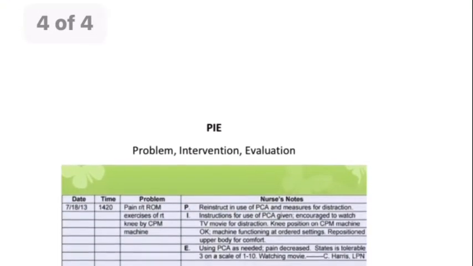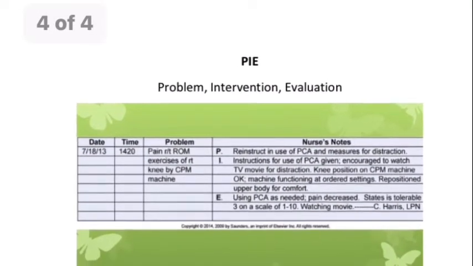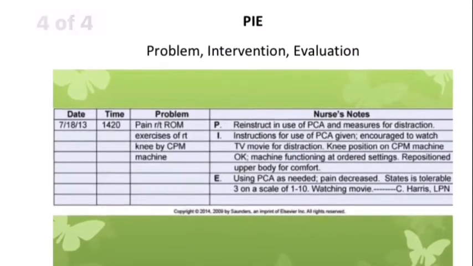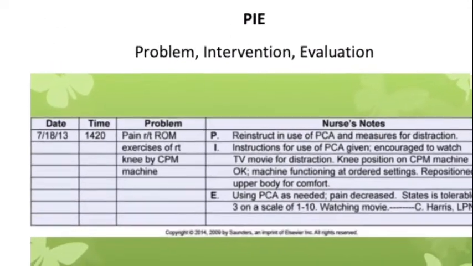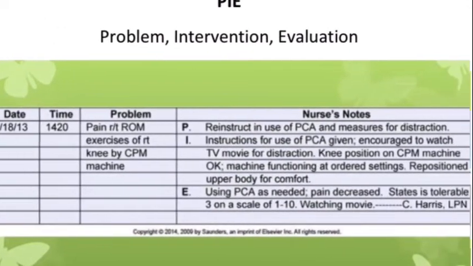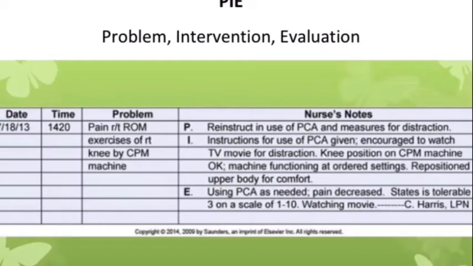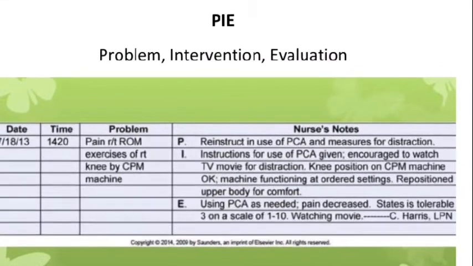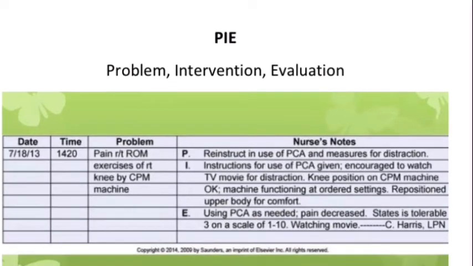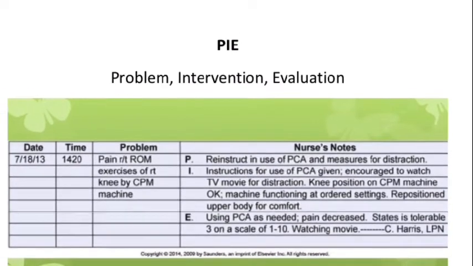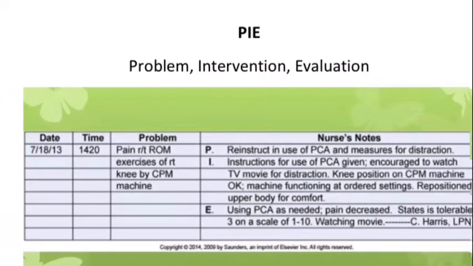Another form of problem-oriented documentation is called PIE technique. It is where you state the problem, you form an intervention, and then you evaluate. An example of this would be, the problem is the patient has hypertension.